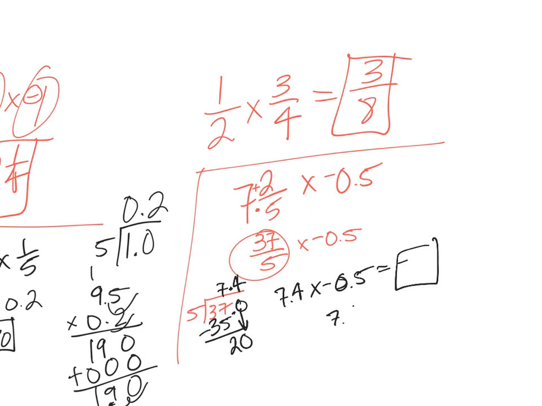And then you can write 7.4 times 0.5. 4 times 5 is 20. 7 times 5 is 35, 36, 37. Oops, you don't have to put a decimal. Decimal or zeros. And then that's 0, 7, 3, 2. So the correct answer is negative 3.70.